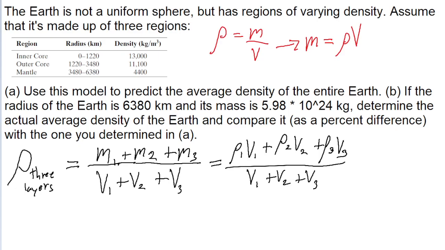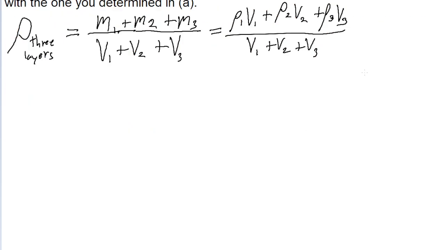But we can bring another equation in that'll help us. Because another equation that you want to have memorized is, if we're assuming that each layer of the Earth has a spherical, concentric shape to it, then we have to recall that the volume of a sphere is equal to 4/3 multiplied by pi multiplied by the cube of the radius of that section.